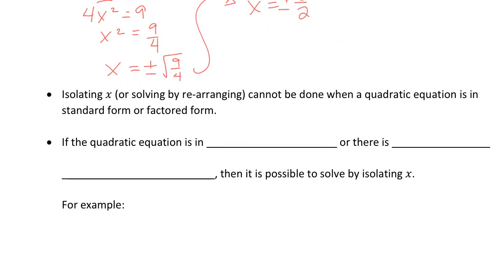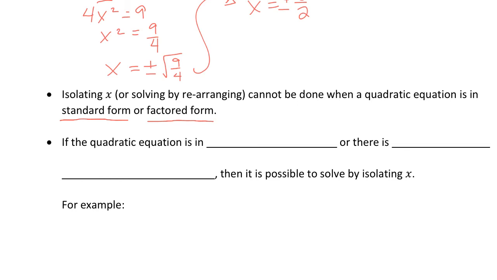Okay, so a little part to put in your notes here is that when we are isolating x, or what we also call solving by rearranging, it can't be done when a quadratic equation is in standard form or factored form. Now, for standard form, question A, we could say that it was in standard form, so it kind of depends. Again, we're looking for that one instance of x, okay?